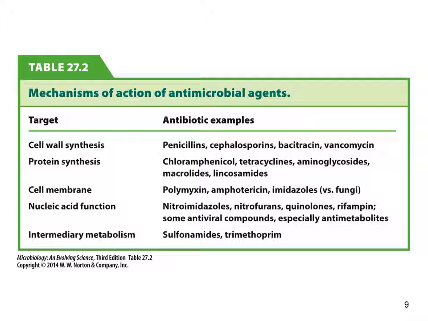Okay, now nucleic acid inhibition can also be a mechanism of action for antibiotics too. Intermediate metabolism, sometimes called vitamin synthesis in other textbooks, is where our sulfas fall. Sulfa drugs affect the ability to produce folic acid, and folic acid is important for DNA synthesis and also protein synthesis.